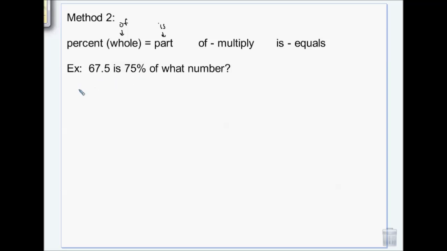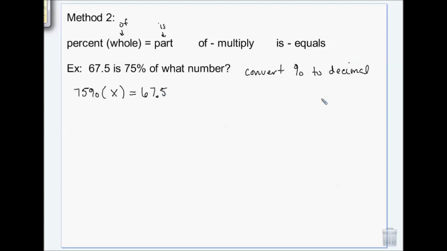Well, what I do is I do 75% times what number equals 67.5. Now, to do this, though, I have to convert the percent to a decimal, because you can't work with a percent.